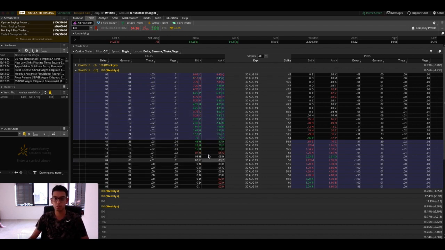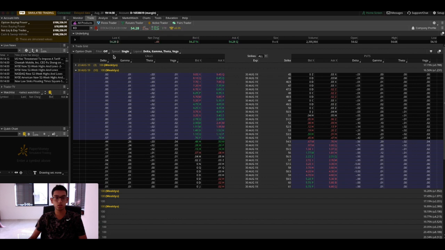The further in the strike price we go, the price of the option also increases, and that is due to one of these main four factors, which are delta, gamma, theta, and vega. These basically almost determine the price of the option.